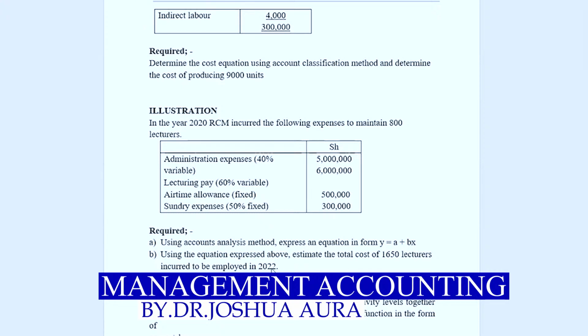So basically I'll take 7187.5 times 1650 plus the fixed cost. Could you kindly help us by giving us the total? 11,790,937.5. Thank you very much. So that is the total cost.